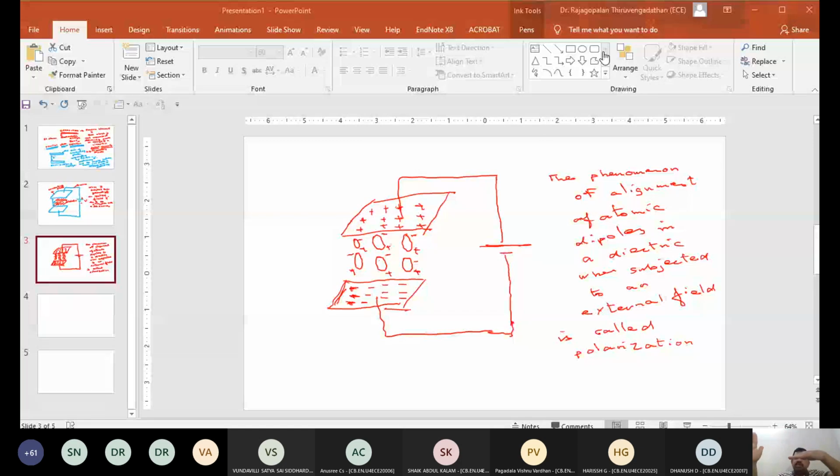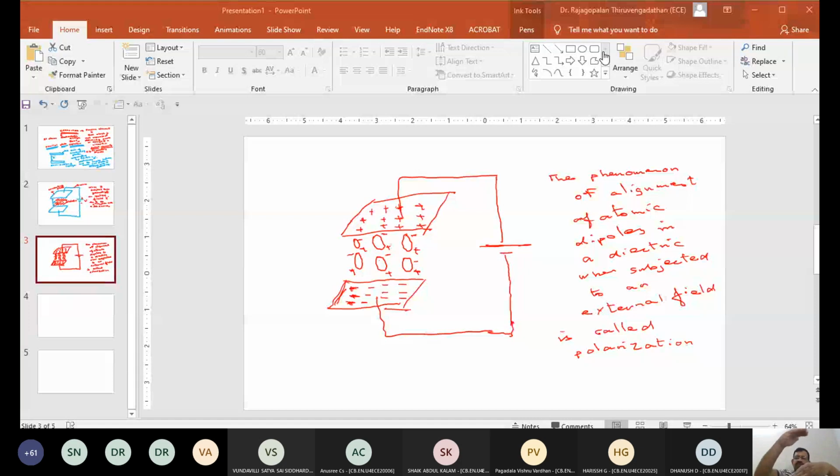Therefore, with the DC source, we are doing work to do this, which means we have spent energy. During the charging, the upper plate acquires positive charge and the lower plate acquires negative charge. We are pushing the electrons with the battery.